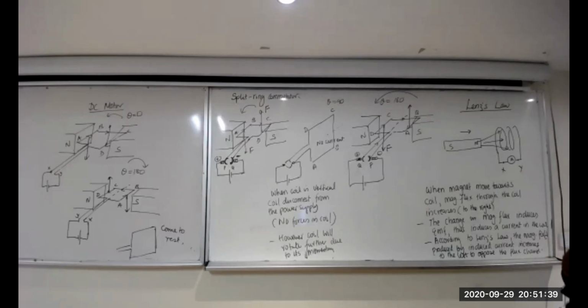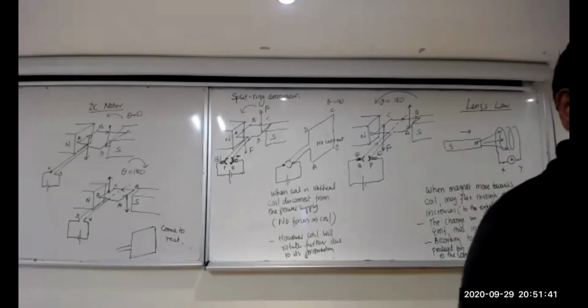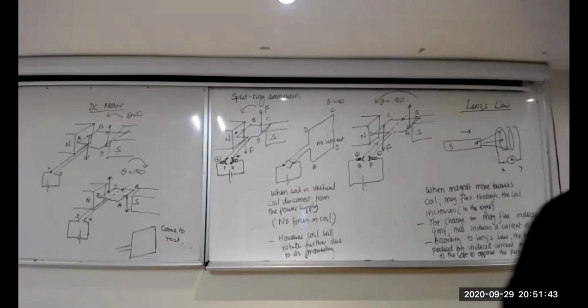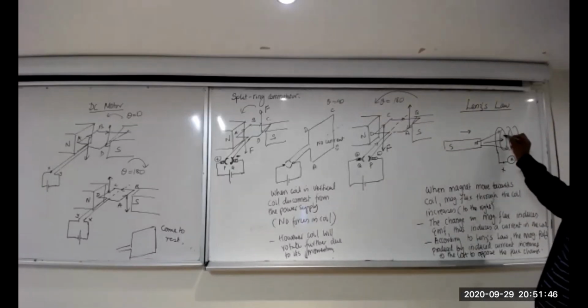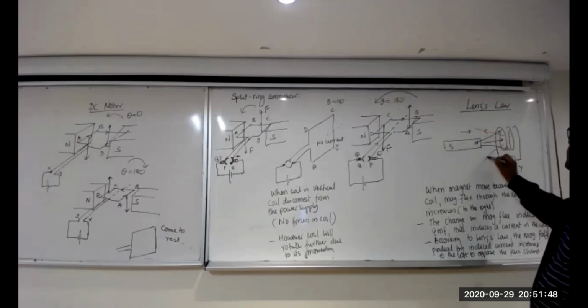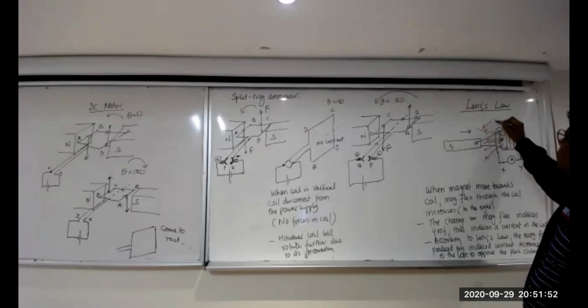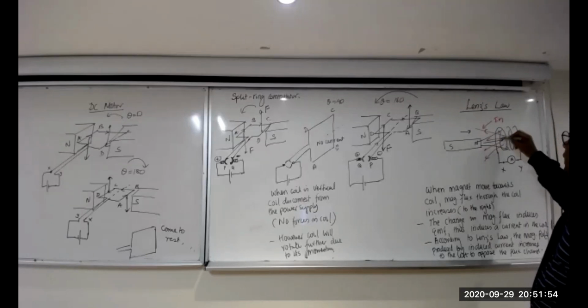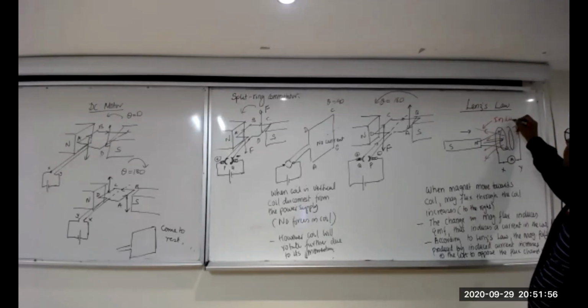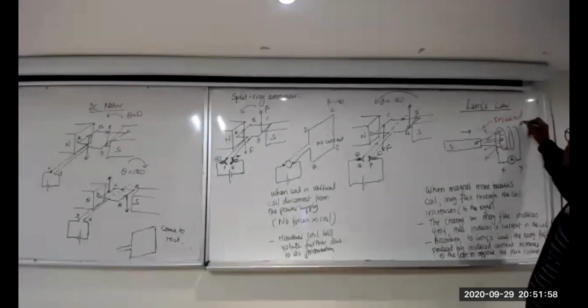To oppose the flux change. That means it's trying to make it zero. These are the induced magnetic field. It tried to make like a north pole there. Induced magnetic field.